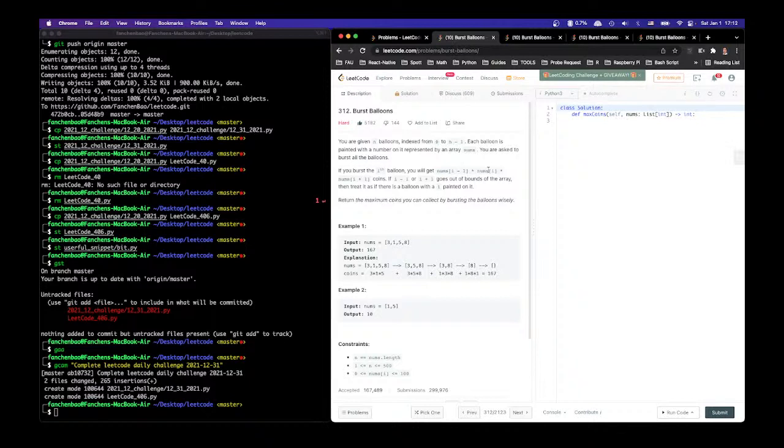But in my previous idea, after we remove every single one, we are left with some values. What values are we left with? We're left with 3 values, right? And then what I say is we can compute the maximum of 3 values.